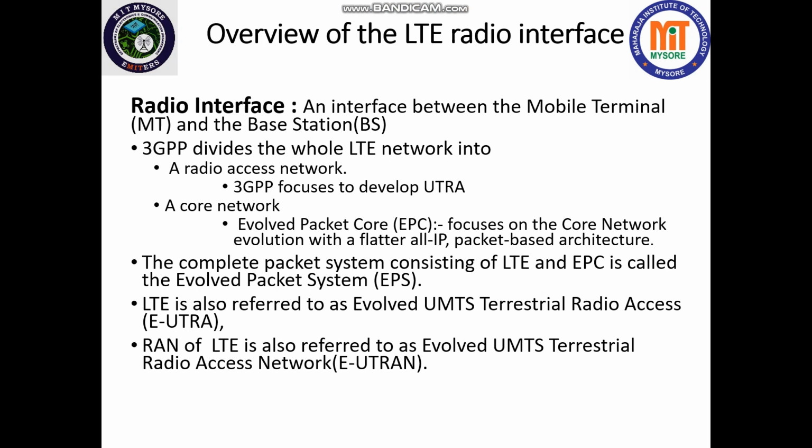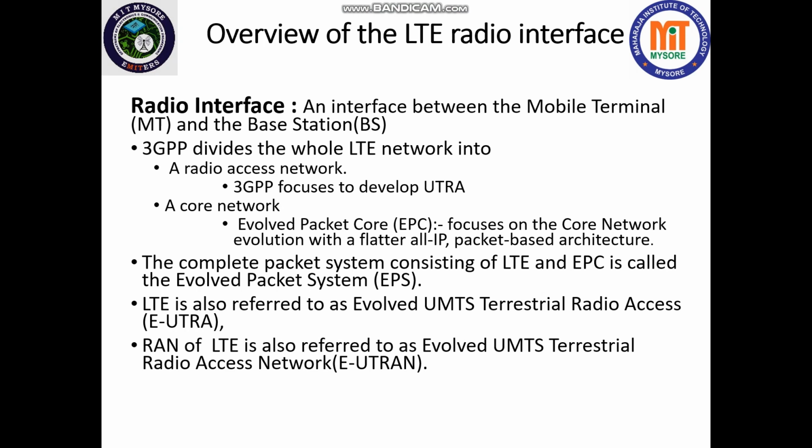Radio interface means the interface between the mobile terminal and the base station, or your user equipment and the base station. The third generation partnership project divides the whole LTE network into two entities.